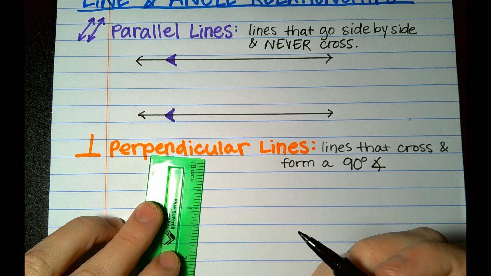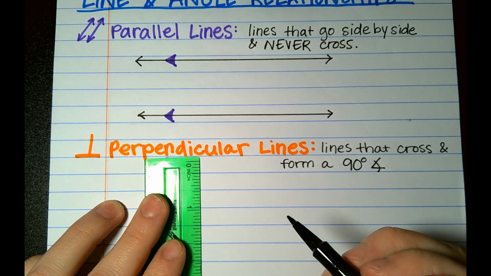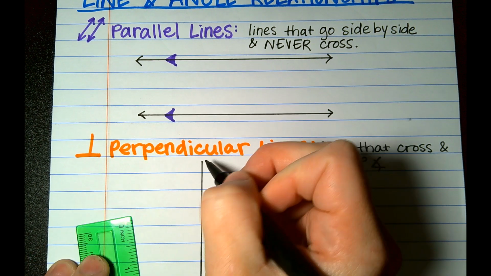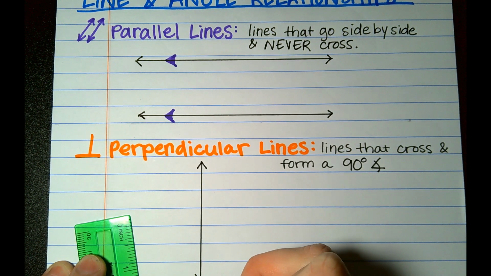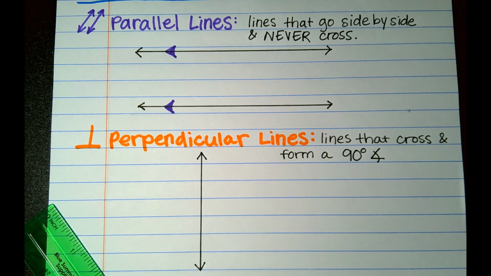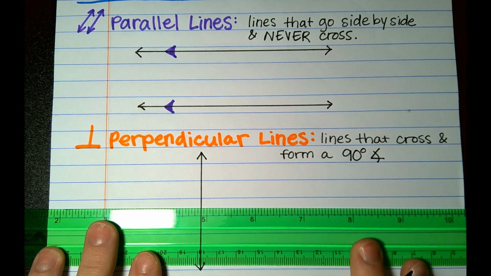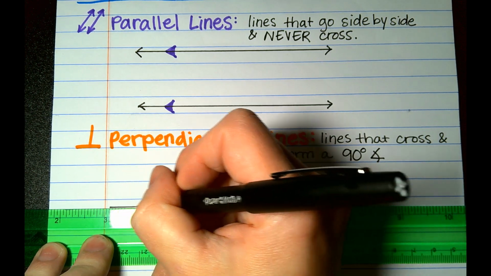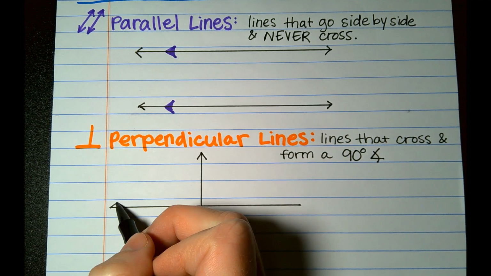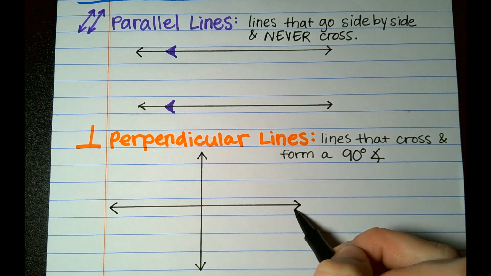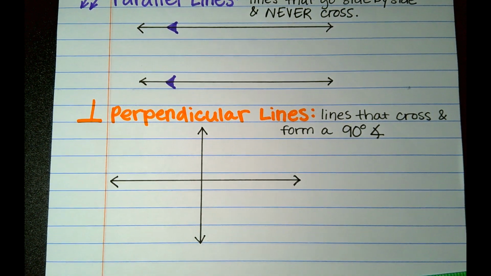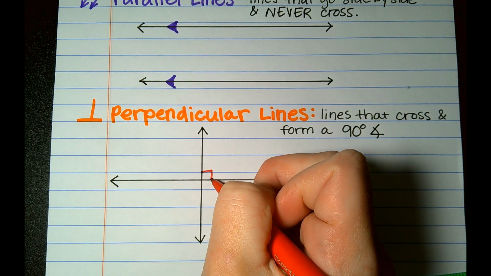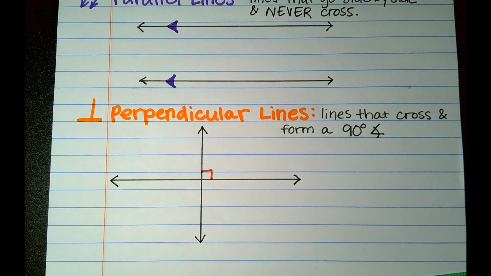So that might look something like this. Draw one line going straight up and down, another one going straight across, left to right. You'll know that they are perpendicular because they're always going to have that 90-degree angle box.